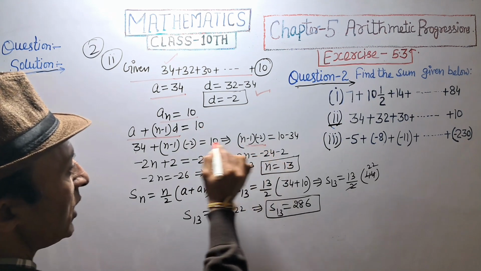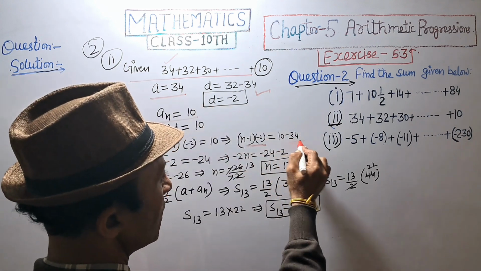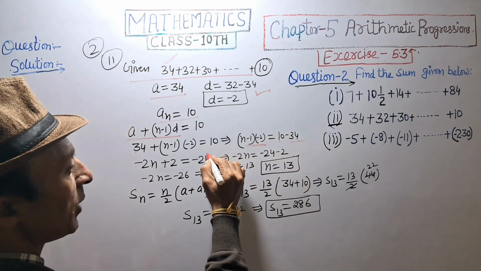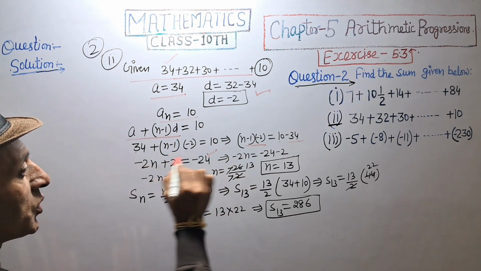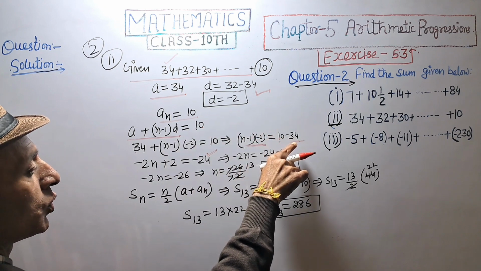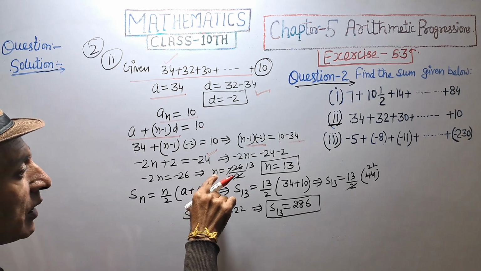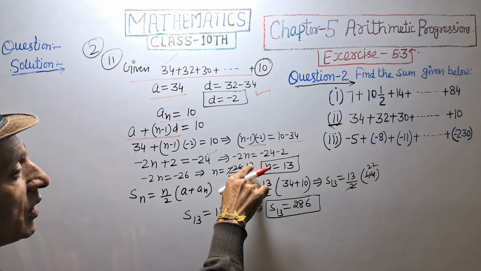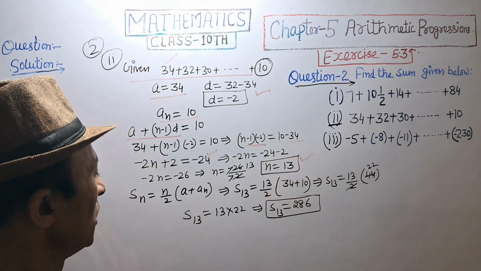And shifting right side 34, that is minus 34 plus 10 is equal to minus 24. Minus 2n is equal to minus 24 minus 2, that is minus 26. N is equal to 26 divided by 2, we get 13, and n is equal to 13.